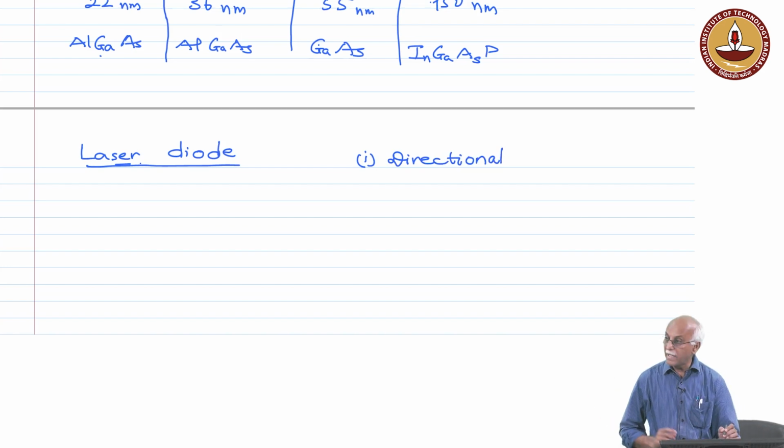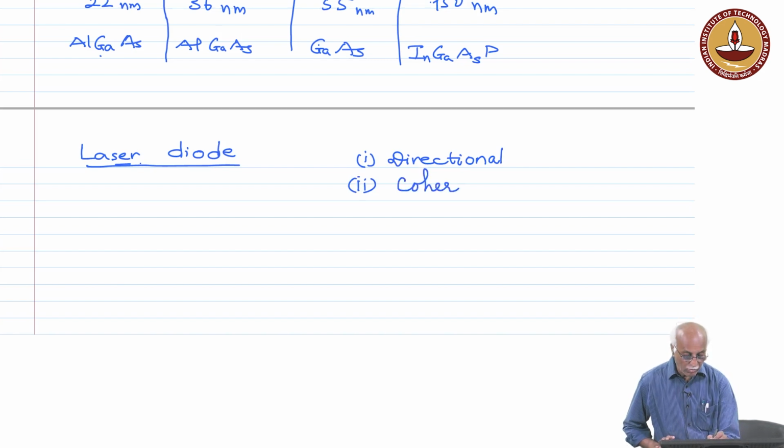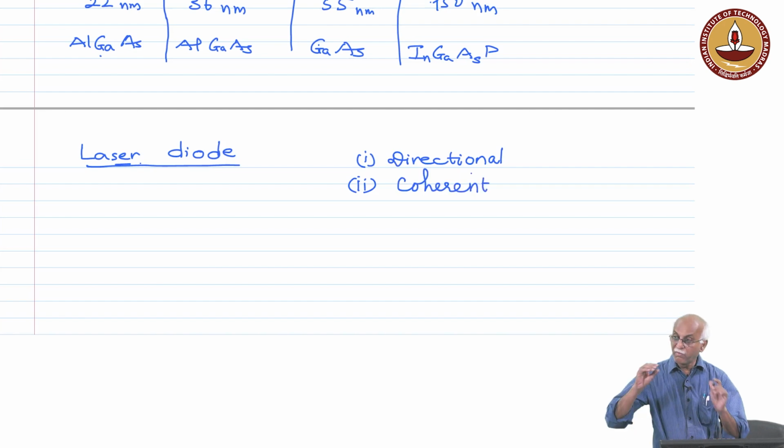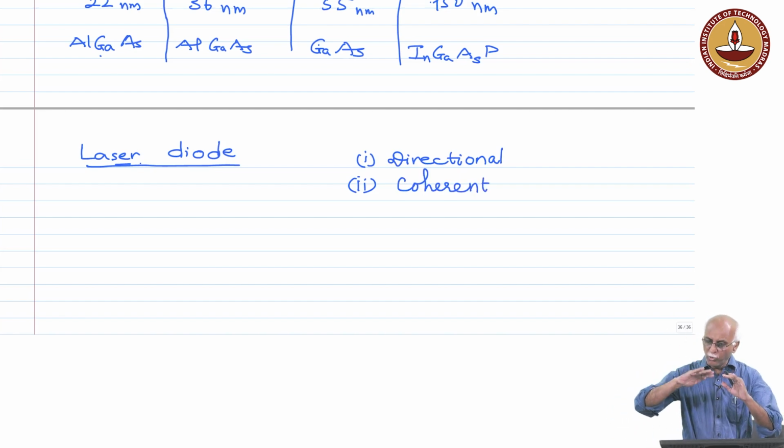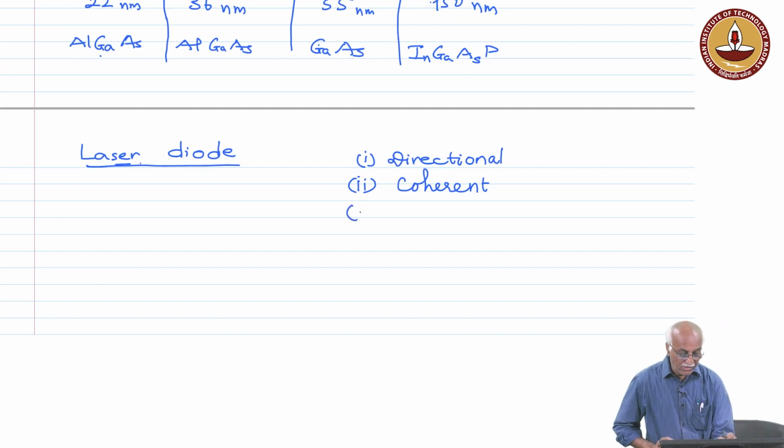Directional laser. Then what else, it is very much coherent. Whatever photons are emitted, almost all these photons will be in the same phase. So, the phase and polarization state is more or less polarized.